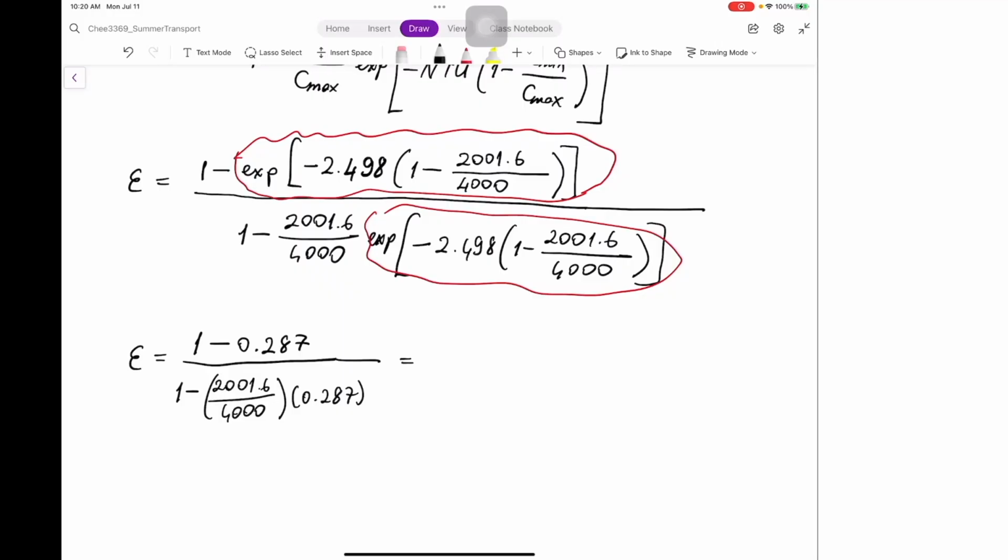Okay, so let's calculate this too. 0.713 divided by 0.56. So this gives us 0.833. Okay, so we found the epsilon.